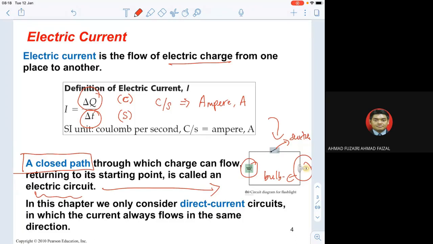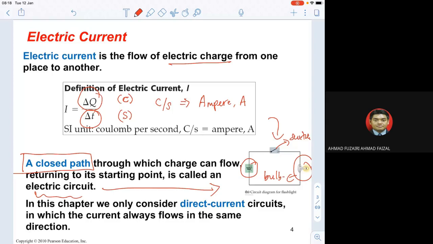It glows due to the electrons that move throughout the closed path of the electric circuit.